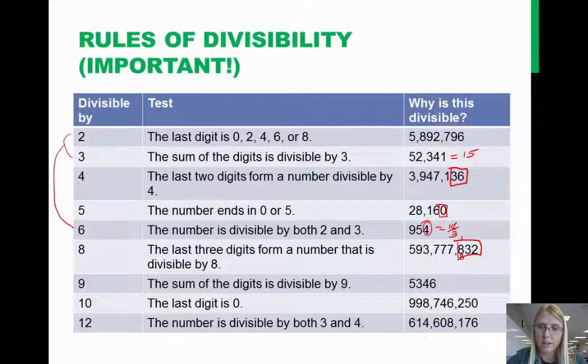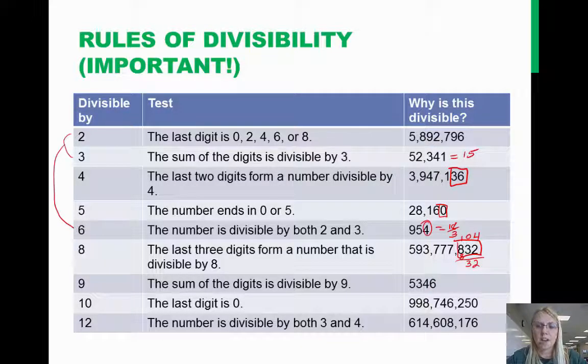So if I subtract that, and then bring down the 3, I know that 8 doesn't go into 3, but it goes into it no times, so I can bring down the 2. 8 goes into 32 4 times. So 832 is divisible by 8, 104 times. And being that it is, this entire number, 593 million, this whole number is also divisible by 8.